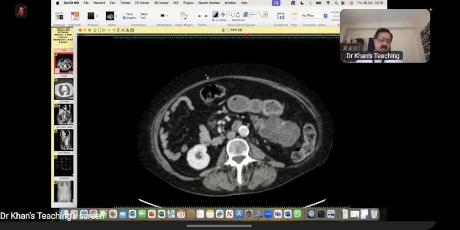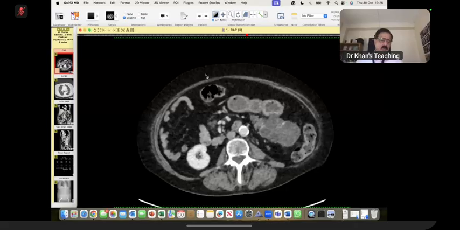Serous cyst adenoma is a benign tumor. Please remember the cystic lesions of the pancreas: serous cyst adenoma, mucinous cyst. We use the word serous cyst neoplasm, and previously we used to say tumor.